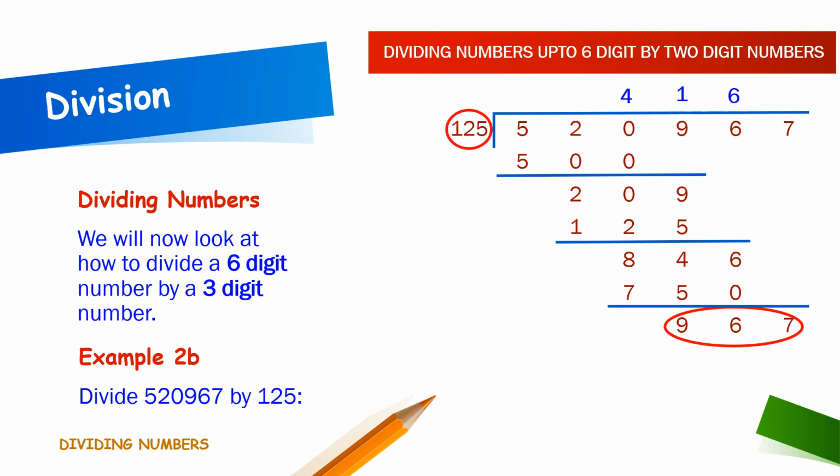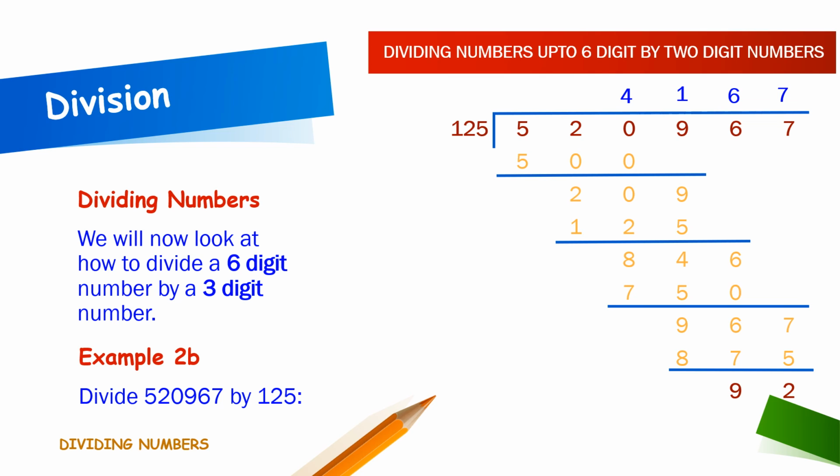How many 125s are in 967? There are 7. Multiply 7 by 125 to give 875 and subtract to give 92.